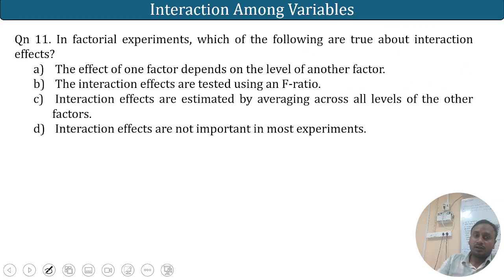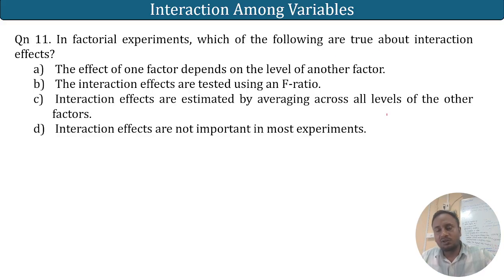Yes, sir. Then we have one more: in factorial experiments, which of the following are true about the interaction effect? So they are asking more about the interaction effect. What do you mean by interaction effect? The effect of one factor depends on the level of another factor. That's correct, but when we talk about factorial experiments, the F ratio is the correct answer.